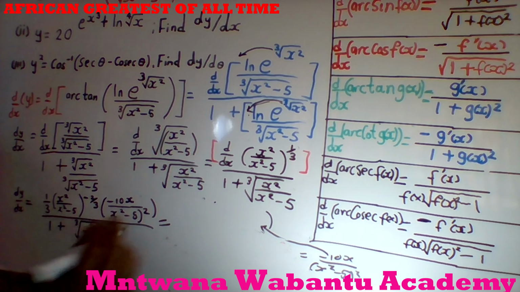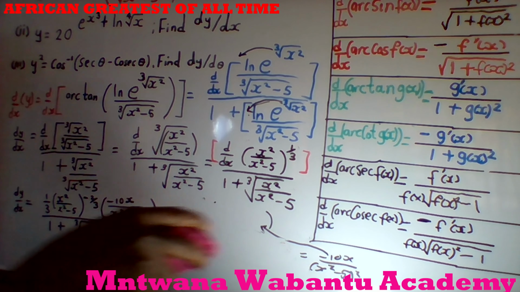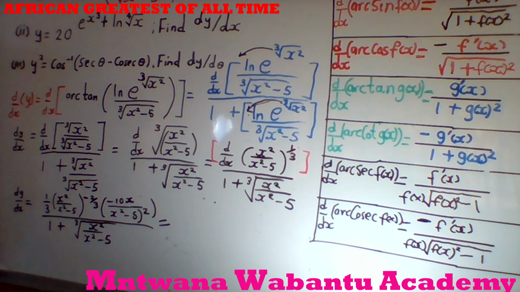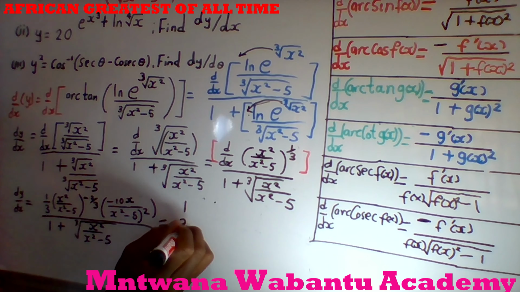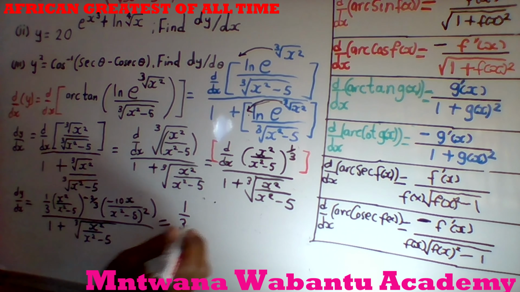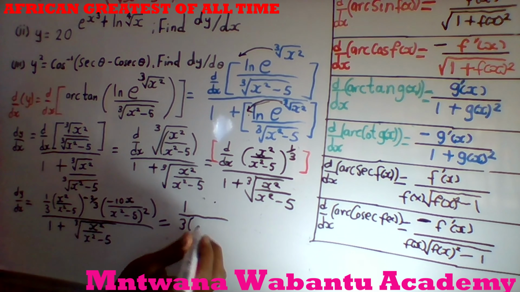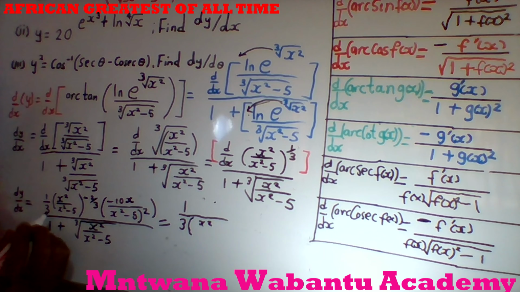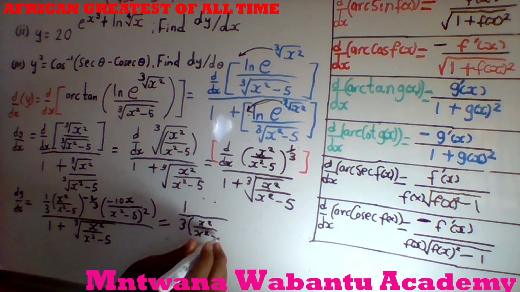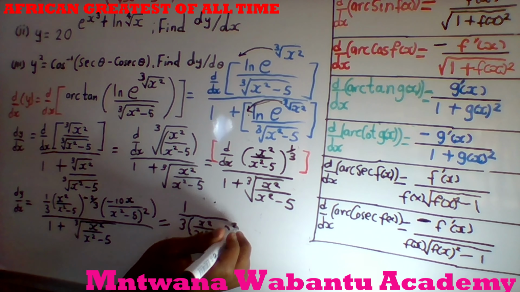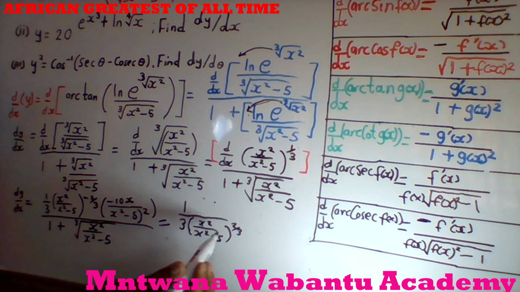Finally, I can reciprocate this because this one has a negative power, and it's never right to leave your answer with a negative power. So I'm going to reciprocate this to the denominator. Here we have 1 over 3, our final answer, and then this is going to go to the denominator because this power is negative. So it's going to be x squared over x squared minus 5, and here it becomes 2 over 3 because the negative power goes under the 3, becoming positive.